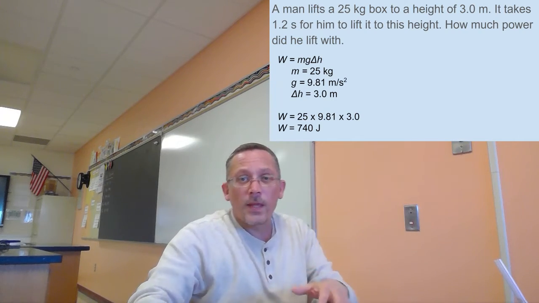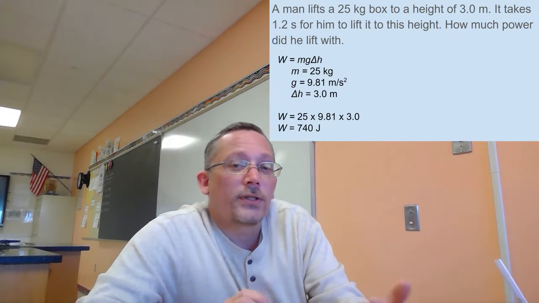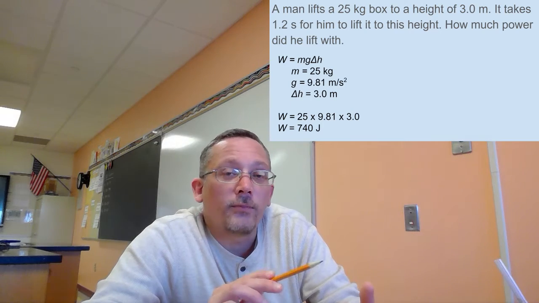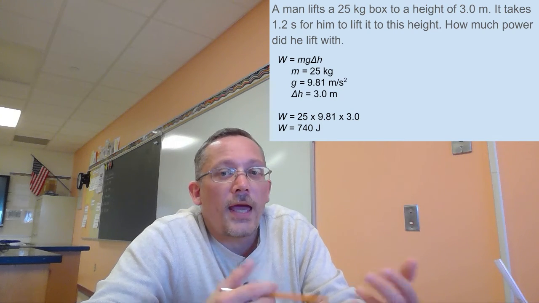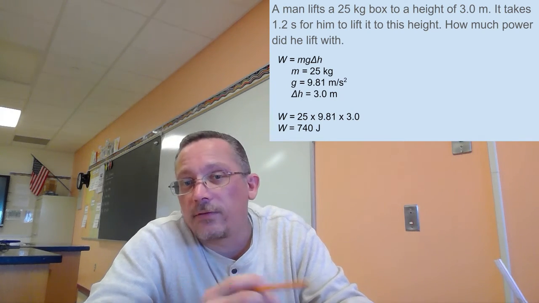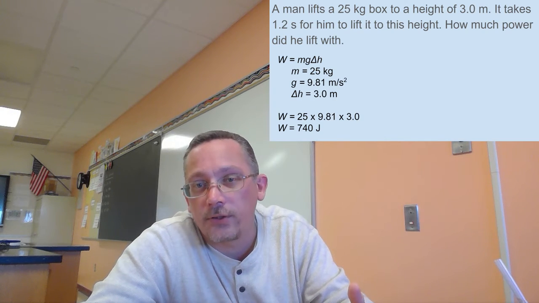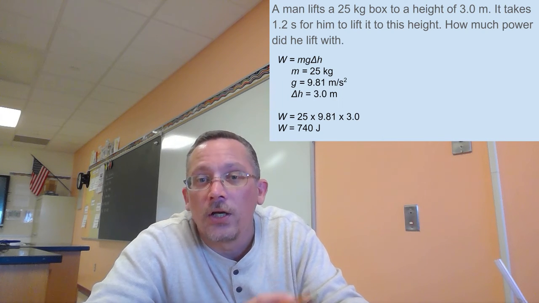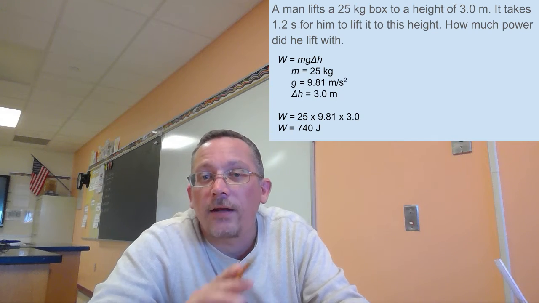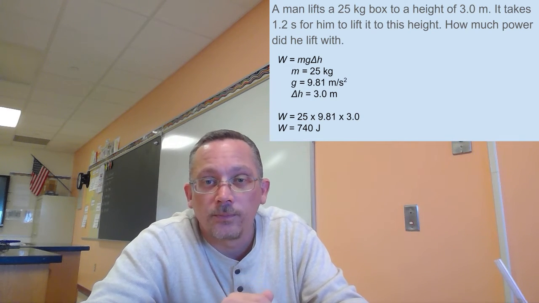So I'll put those numbers into that equation: 25 times 9.81 times 3.0. And I'll need that to two significant figures. 25 and 3.0 both only had two significant figures, so I'll round that off to 740 joules.